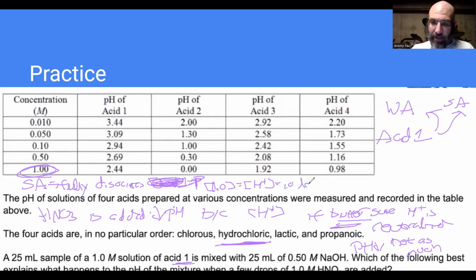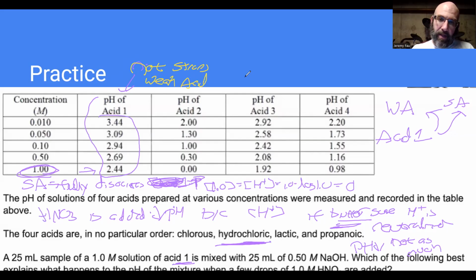And then if we take the negative log of 1.0, we get 0. So if we look, acid 1 at this part, its pH is not 0. So acid 1 is not strong. So it must be a weak acid. That makes it a buffer.